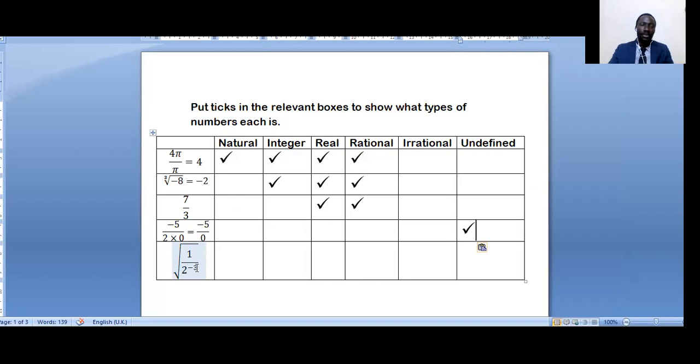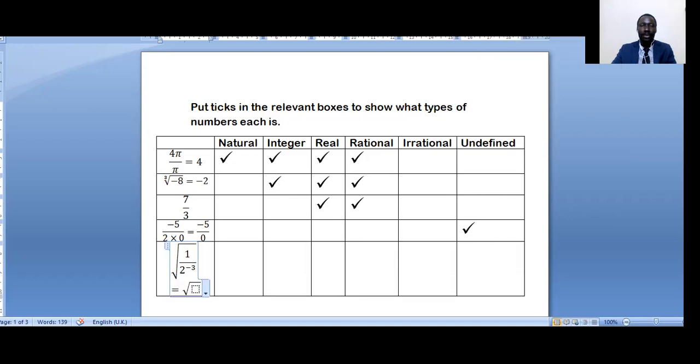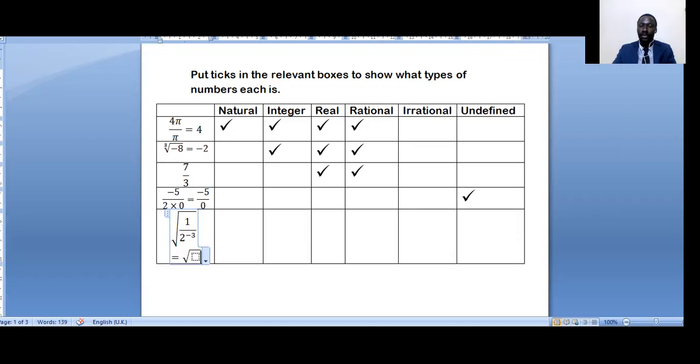We will first write it as the square root of 2 raised to power 3, which is 8. Just put 8 like that, yes.